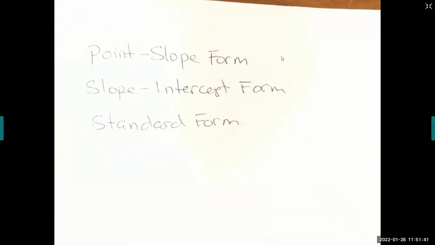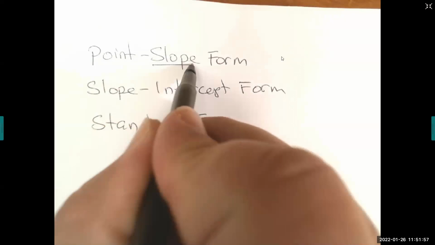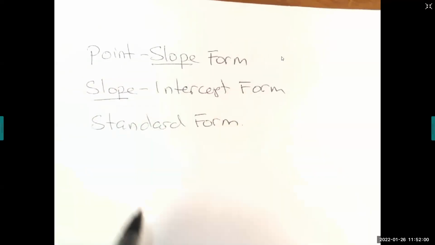And there's all different types of lines. They all came from the same place. Can you guess where it came from? It's one of the earlier formulas we learned. Yeah, because the repeating theme here is slope.